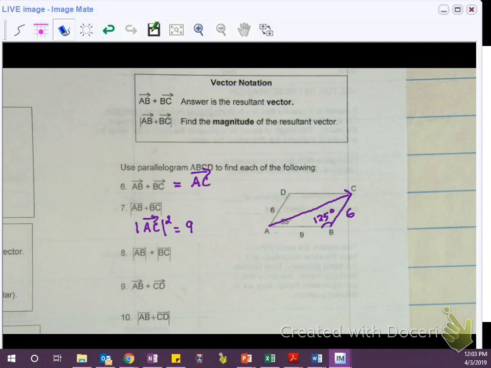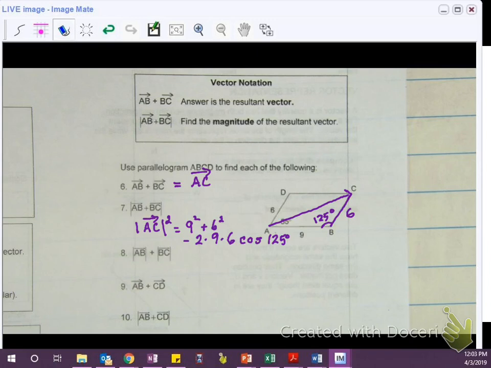So that's 9 squared plus 6 squared minus 2 times 9 times 6 times the cosine of 125 degrees.